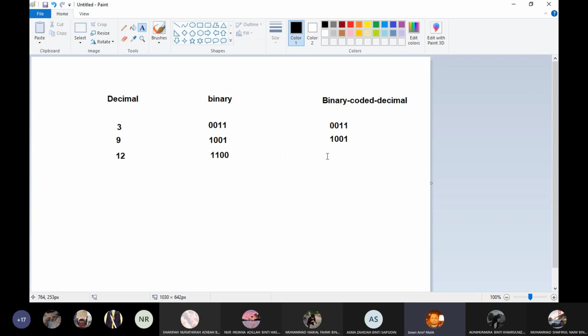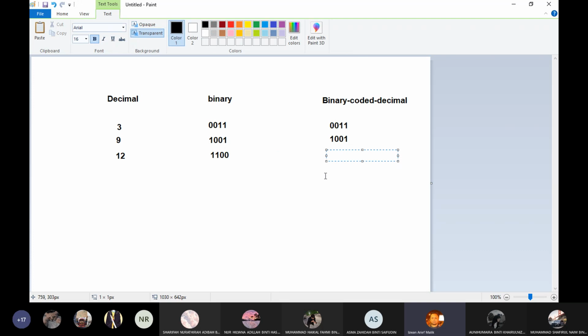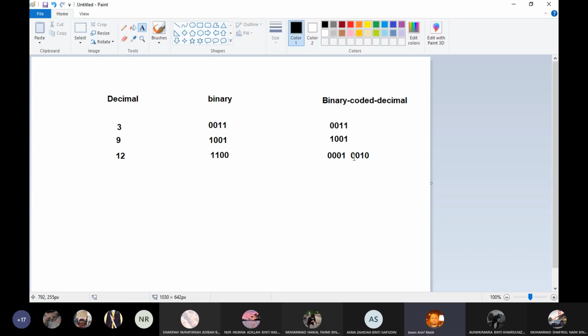In BCD, it is different. It will be like this. So this is 12 in BCD, this is 12 in binary. Okay, for 12. So this is 8 plus 4, 12. Why does this one become 0001, 0010? The reason why is because for binary coded decimal, you group them in 4 bits only.